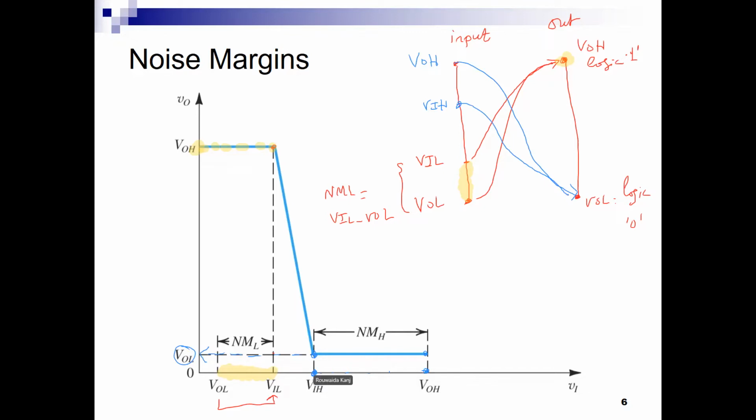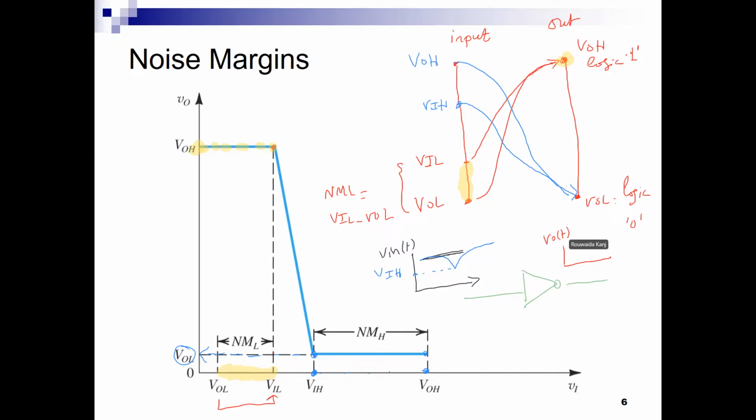Let us see an example. If I have an inverter, okay, and on this inverter I have a pulse, and this pulse with respect to time is high, let us consider that it is always VDD, Vin of t. Okay. What if now my input drops? Meaning this input gets noise and drops. So as long as this does not drop below VIH, my output will always sustain being here.